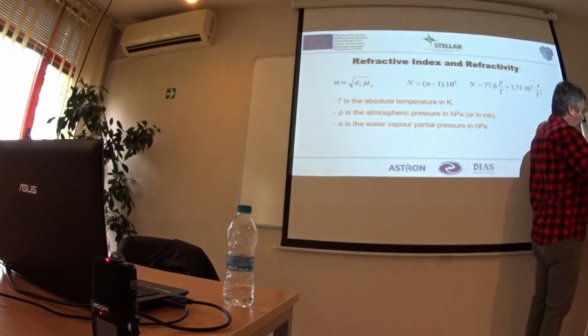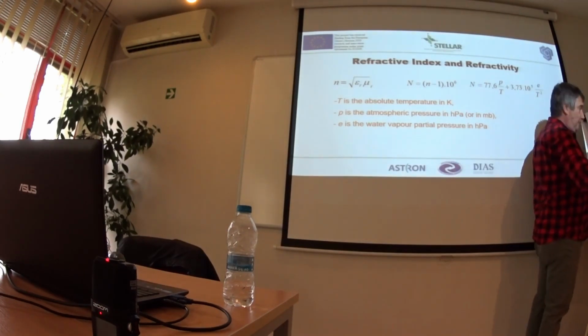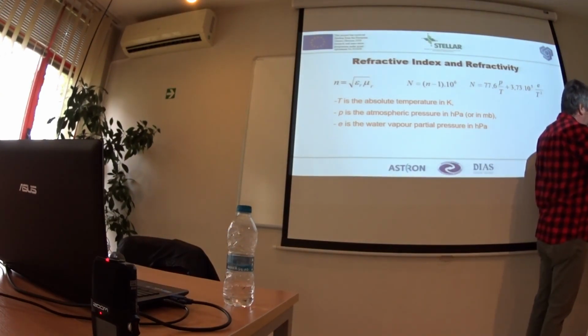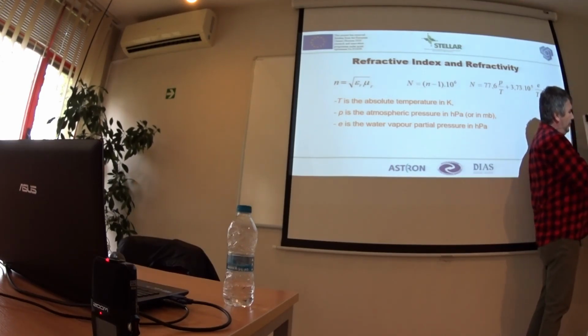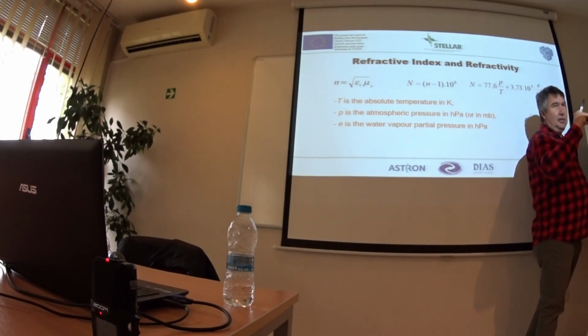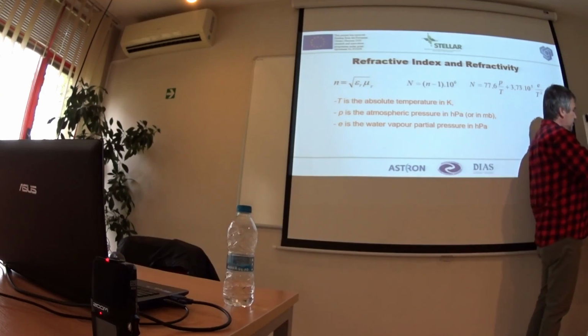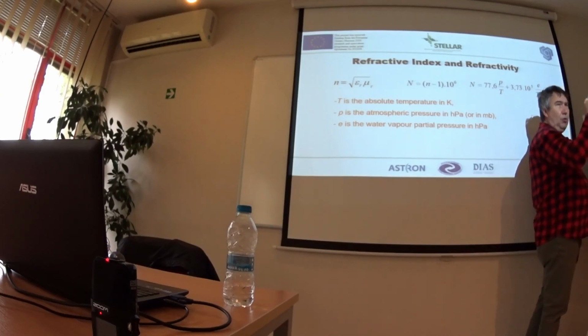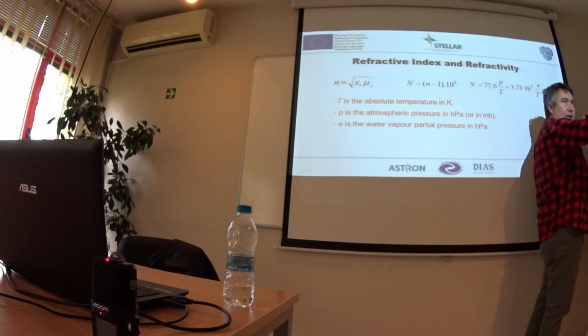So if a radio wave propagates in these layers, if this is the path in the first layer, in every layer the refractivity is the same, and it changes very little from layer to layer.